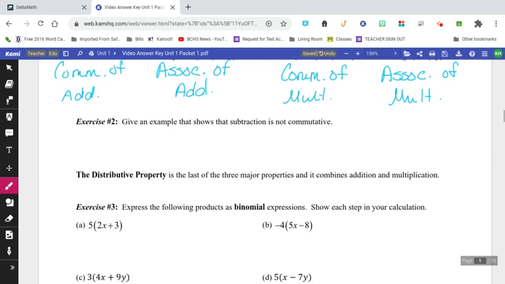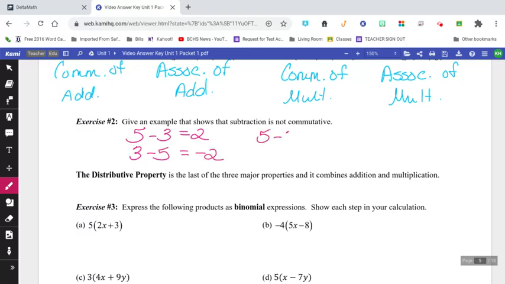Okay. So exercise 2 asks for an example that shows that subtraction is not commutative. So I want you to think about that for a minute. Just think of any problem that would show that subtraction is not commutative. If you want to pause, go ahead. But this is the example that I'm going to use. 5 minus 3 is equal to 2, but 3 minus 5 is equal to negative 2.